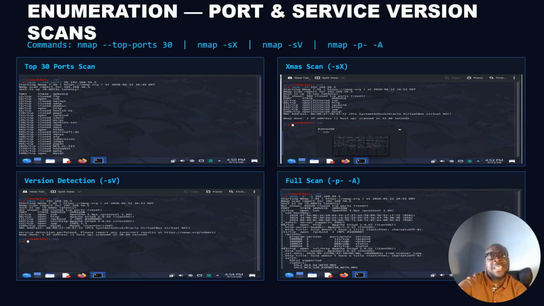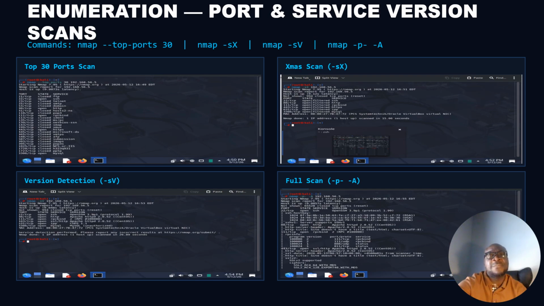The full aggressive scan with nmap -p- -A enumerates all 65,535 ports and reveals additional details including weak SSLv2 cipher support, and server header information that confirms the Apache and CentOS version.